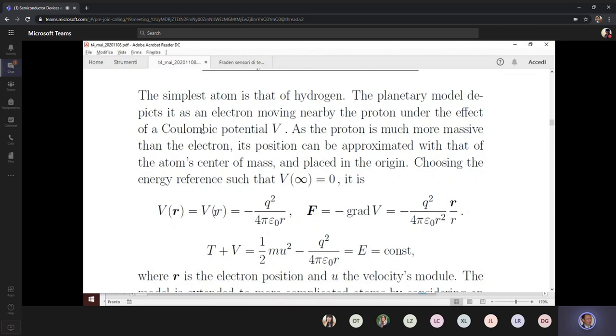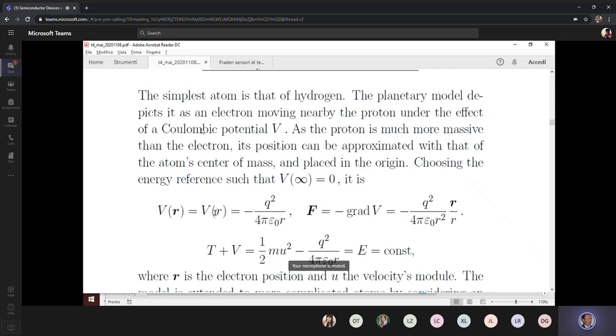So R here is equivalent to RA of the other page. And the potential energy is minus Q squared over 4 pi epsilon 0, that is the permittivity of vacuum, times R, okay? And the force is, of course, minus the gradient of V.